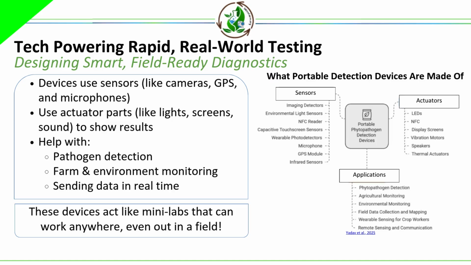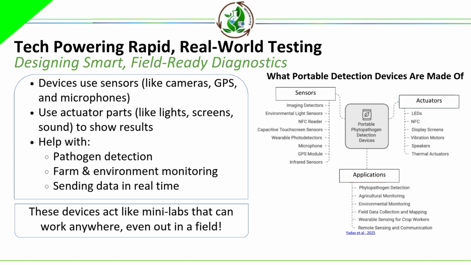Next, we have the actuators, the parts that respond. These include LEDs, screens, speakers, and vibration motors. Once the device has analyzed the signal, these components show the results through light, sound, or vibration, making the test easy to read even in bright sun or noisy field conditions. Finally, we have the applications.